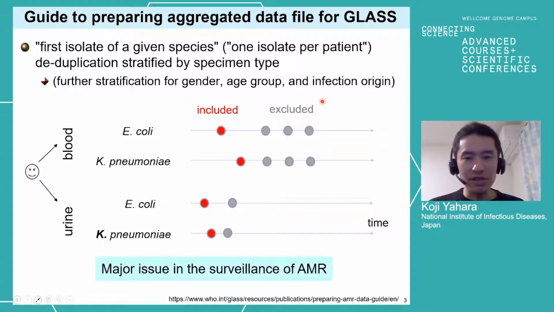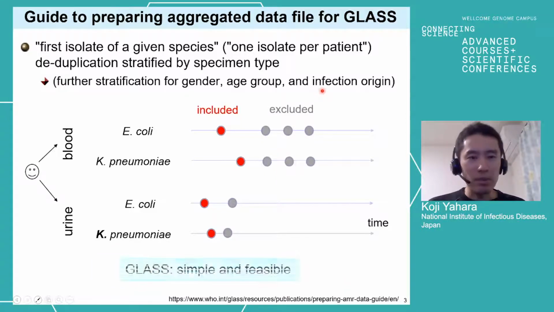De-duplication is a major issue in the surveillance of AMR in order to make epidemiological sense of aggregated data after removing repeated isolates. The de-duplication method of GLASS is simple, feasible, and consistent with recommendations of CLSI.